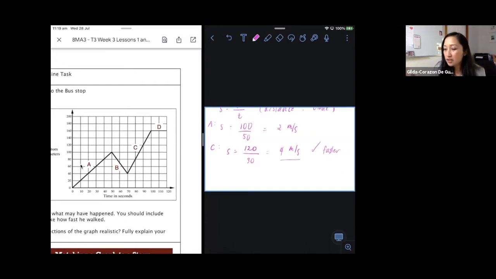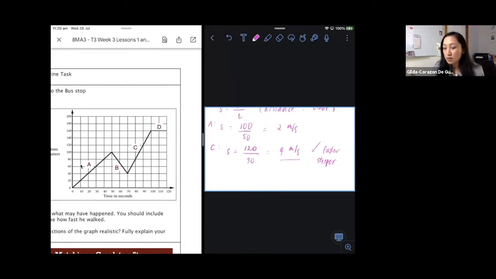Now, by just looking at the graph, how do you know it's faster without these calculations? So when it's more steep than the other, then even without calculations, we can say that C would be faster, right? And then what do you notice about segment D? Yes, so he did not move at all, right?